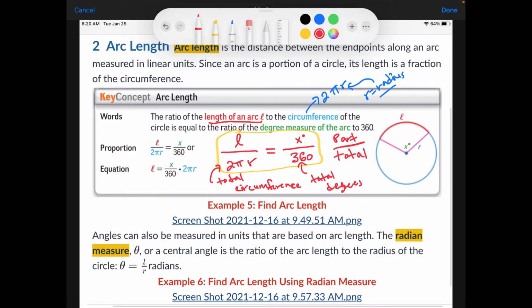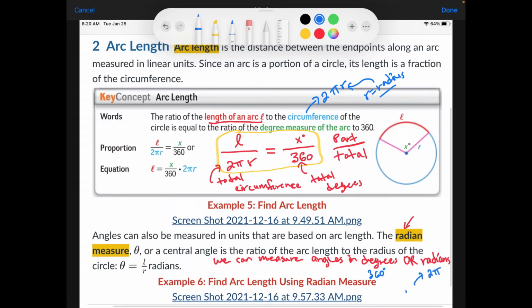Just a reminder that there are two different ways to measure angles. We can measure angles in degrees, but we can also measure angles in something called radian measure. The whole or the total degrees we just said was 360 degrees.